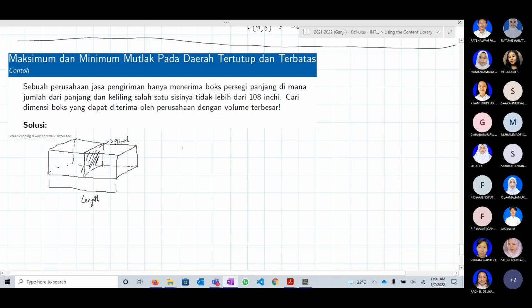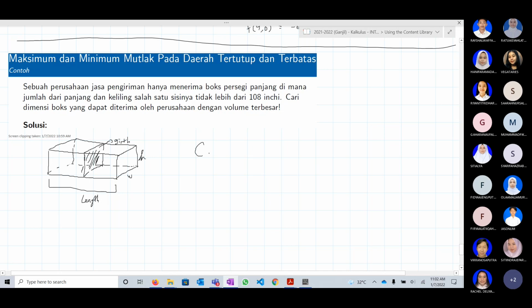So we have the volume... So here we have length, width and height.